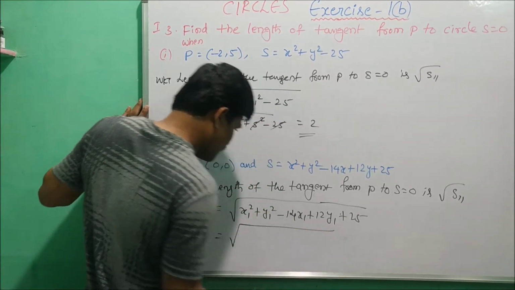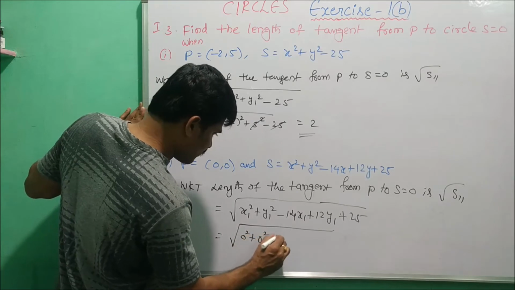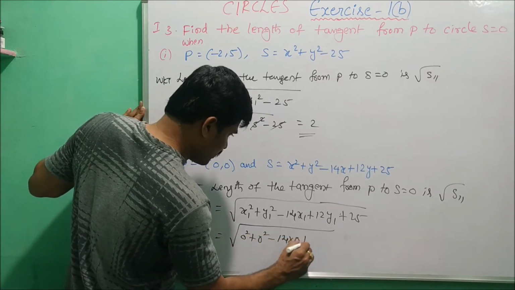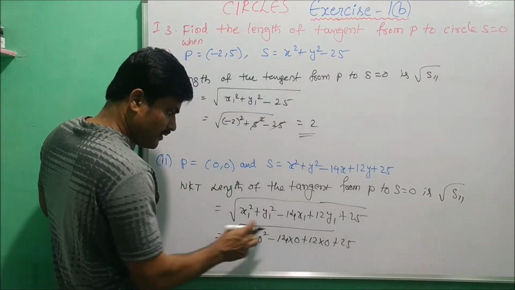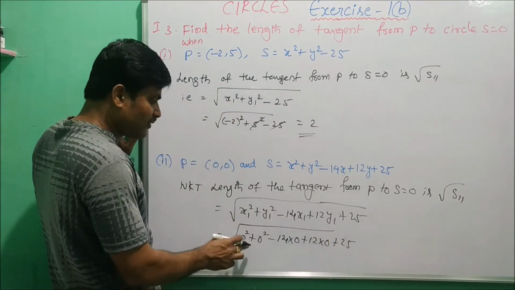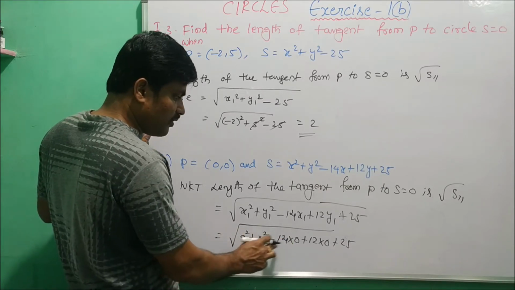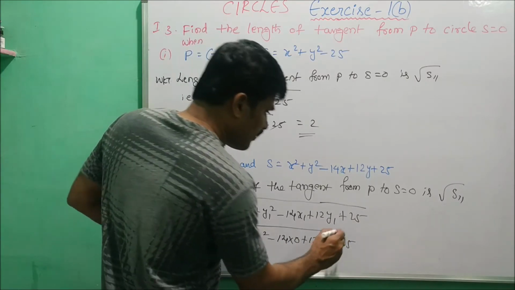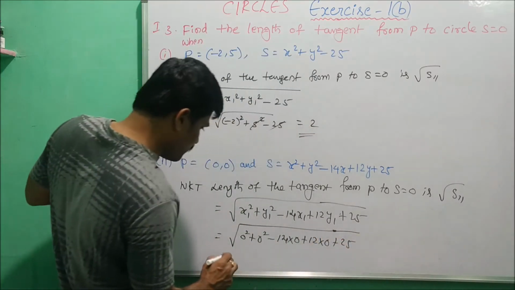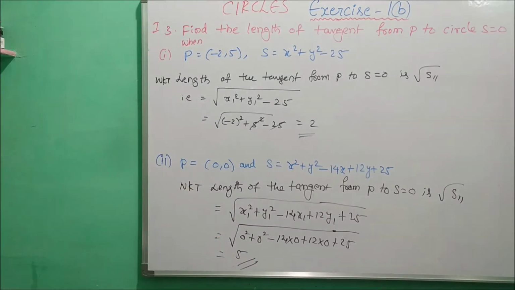Now here x1 square means 0 square plus 0 square minus 14 into 0 plus 12 into 0 plus 25. Here these values equal 0 because they are zeros. So 0, 0, 14 into 0 is 0, 12 into 0 is 0. The only non-zero value is 25. Here square root 25 can be taken as 5. So this is the length of the tangent.